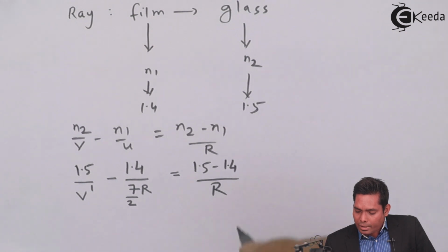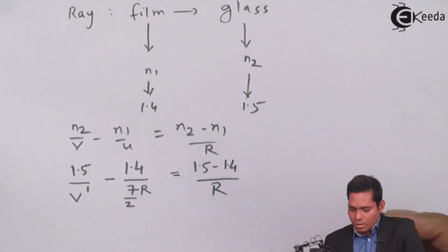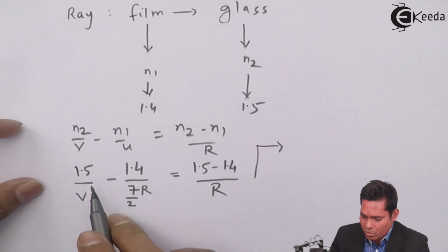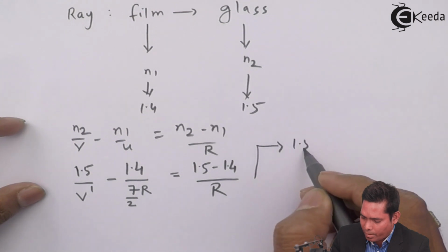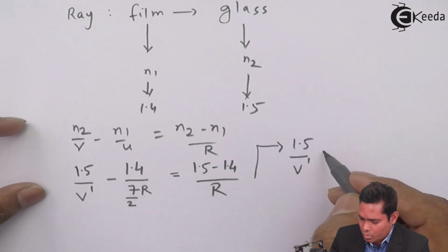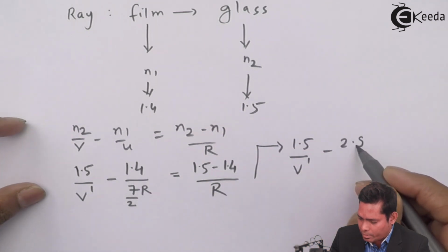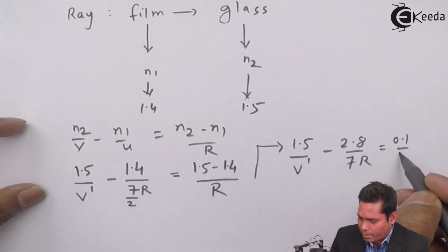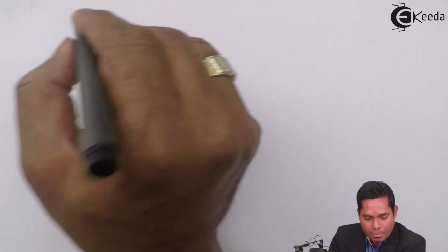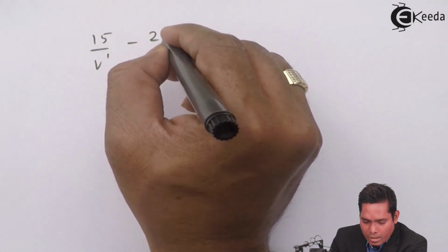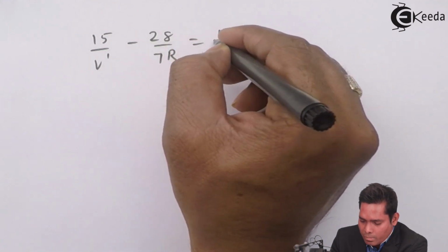Now if I solve that, I will write one more step here, then I will move to the next page. Just simplify that. This is 1.5 divided by V dash minus 2.8 divided by 7r equals 0.1 divided by r. So if I solve this, I will multiply by 10 over there. This is 15 by V dash minus 28 by 7r equals 1 by r.